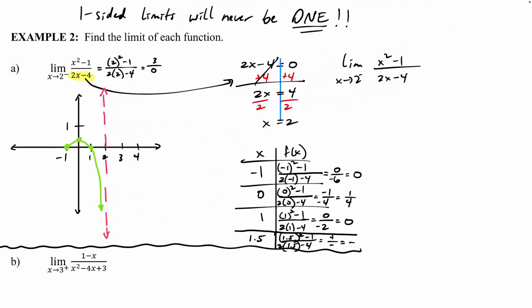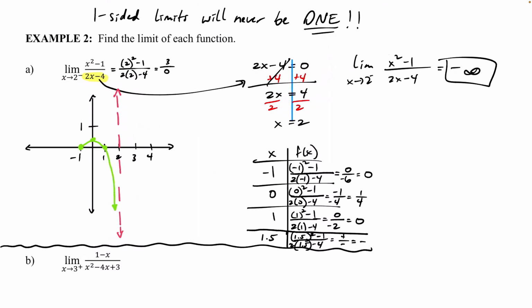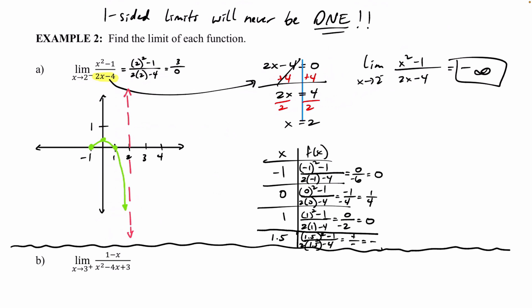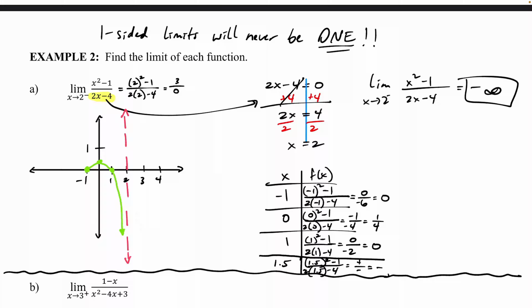So I'm going to give you a little bit of a tip here. If you're doing a one-sided limit and you initially get something over 0, that's going to tell you two things. First thing, you have an asymptote there. And second thing, your answer is either going to be negative infinity or positive infinity. Okay?